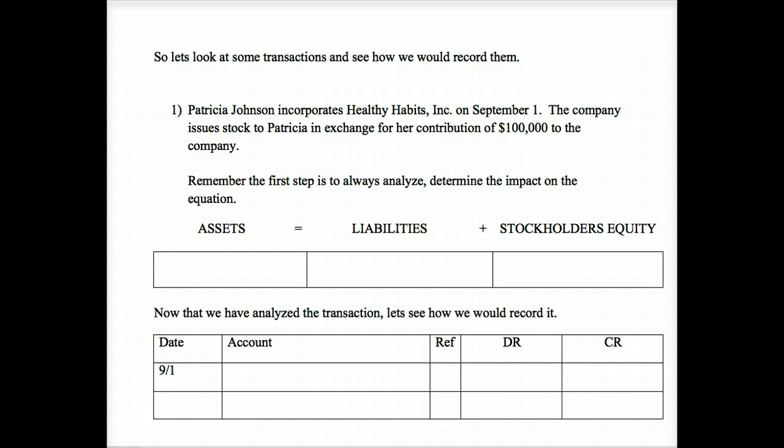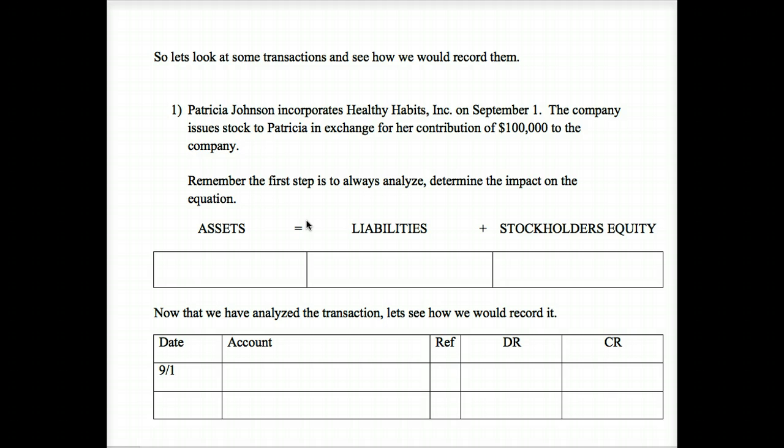So let's look at the accounting equation again. The accounting equation says assets equals liabilities plus stockholders' equity. Notice how there is a left side to the equation and a right side. The left side would be our assets. The right side would be liabilities and stockholders' equity. Based on this information, now we know a debit means left, and we know there's a left and right side of the equation.